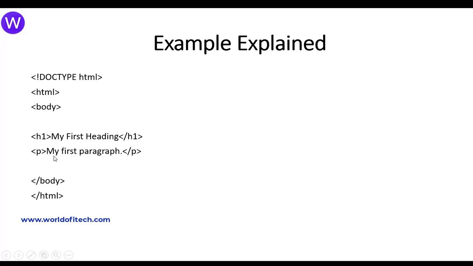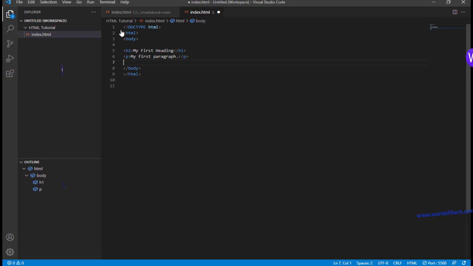It has a start tag, p, and an end tag, /p. Doctype html, body, h1 is the start tag, My First Heading, and /h1 as the end tag, p is the paragraph, My first paragraph, /p is the end tag, end tag, end tag.